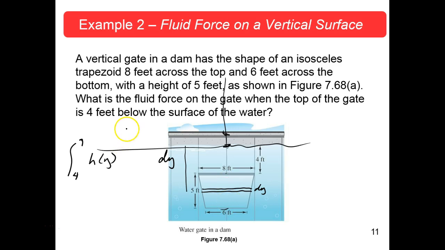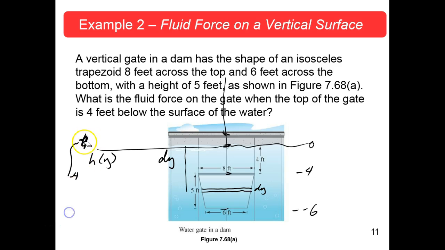Okay, so the h of y. That's how I would set it up. They're setting it up differently. If you let this be 0 here, then this is minus 4 here, and this is minus 9 here. So you're going from minus 4 to minus 9. I had it right before.